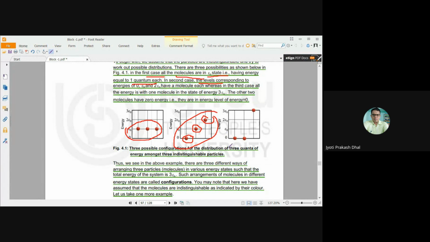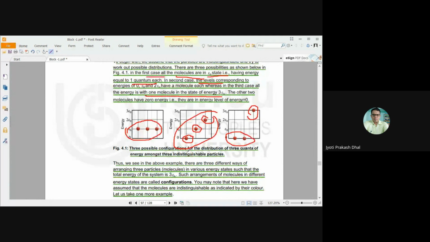Similarly, in the third case, one molecule has energy of 3 quanta, that is 3 epsilon 0, and the remaining two molecules are in the 0 state.